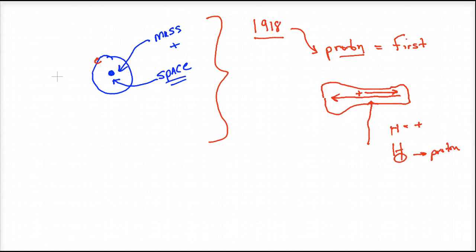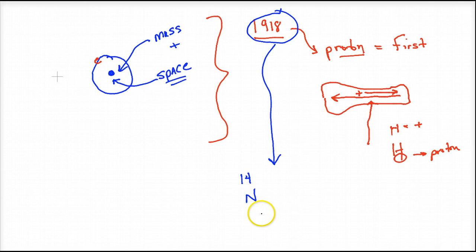Now, his work in 1918 also led him to believe that a proton was a fundamental unit of positive charge in the atom. He noticed when he hit nitrogen, which has a mass of 14 and an atomic number of 7, and these numbers don't mean much to you right now, but they will, with an alpha particle, which has a mass of 4 and 2 protons, so the bottom number is protons, the top number is mass, what happened was it came together, and these are the first nuclear reactions.